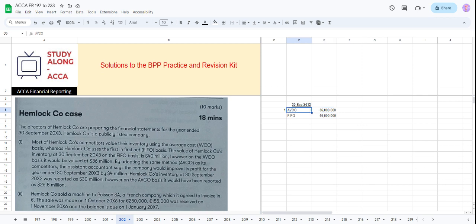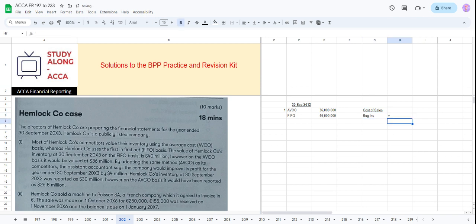If their ending inventory is 4 million lesser, their cost of sales will also be lesser, and hence their profit will increase. In order to calculate cost of sales, beginning inventory is a positive adjustment.